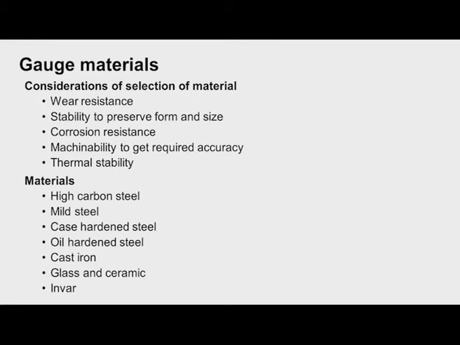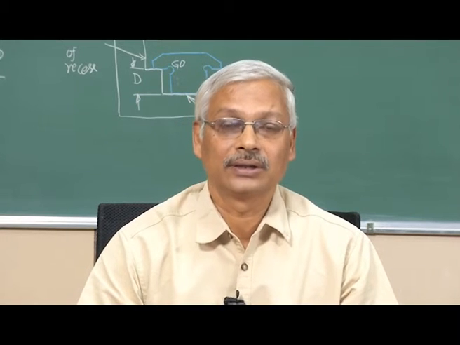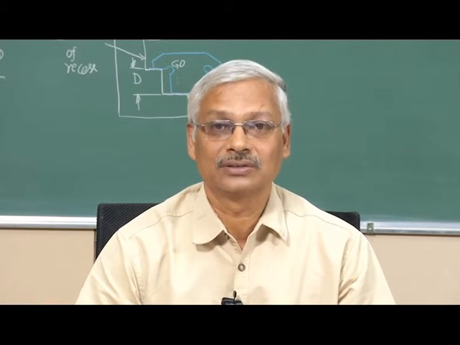Since the gauge comes in contact with the work part and there is sliding motion, the gauge material should have wear resistant property, and the stability to preserve form and size, the geometric shape of the gauge and then size of the gauge should not alter because of changes in the environment.